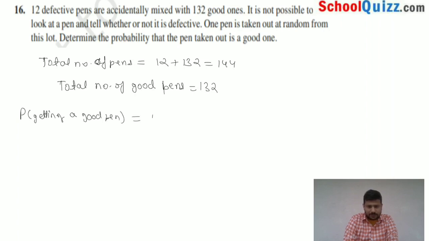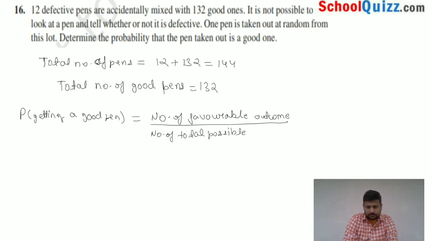is equal to number of favorable outcomes upon total possible outcomes, which is ultimately equal to 132 by 144, which is ultimately equal to 11 by 12.